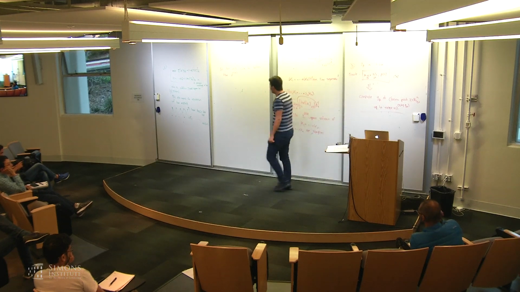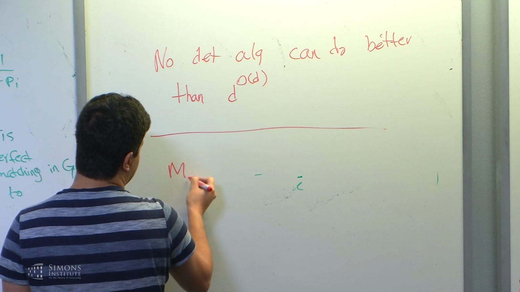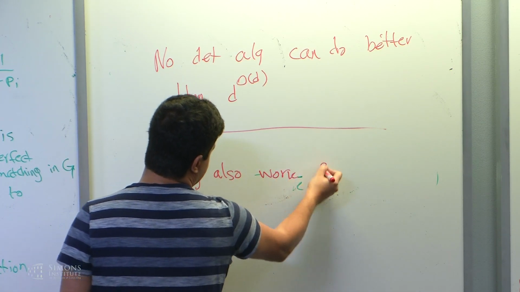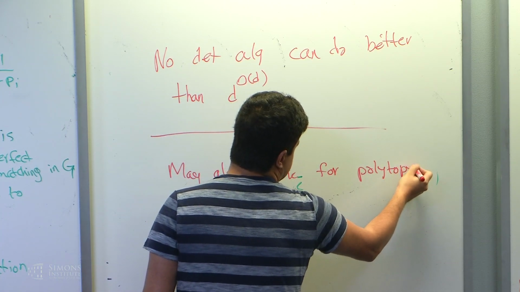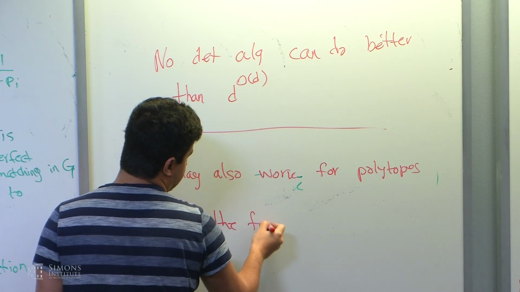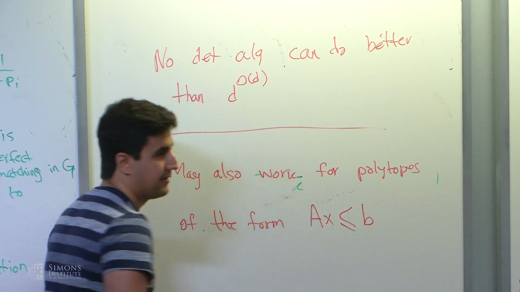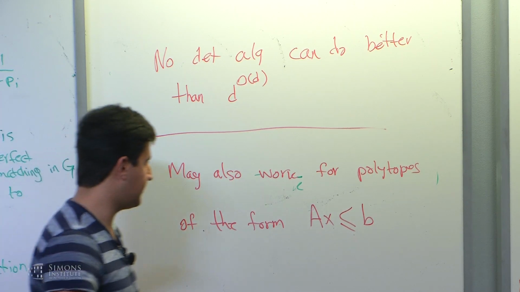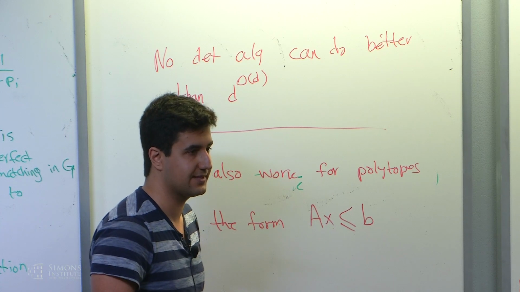There is also some hope that this might generalize and work for polytopes given explicitly, meaning that you have a bunch of inequalities describing your polytope, and you want the running time of your algorithm to be polynomial in the size of the input description.